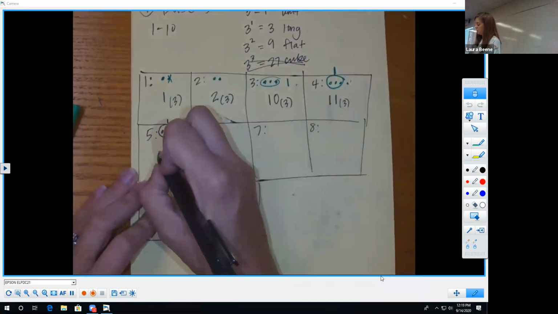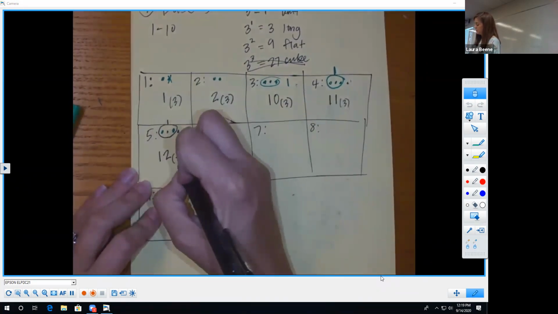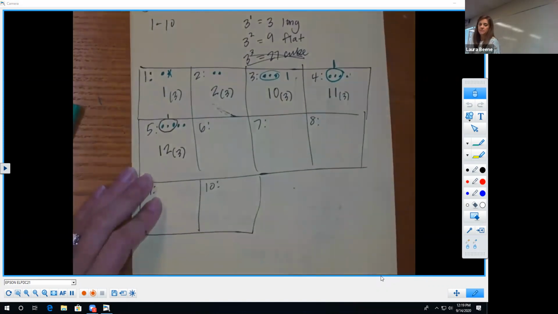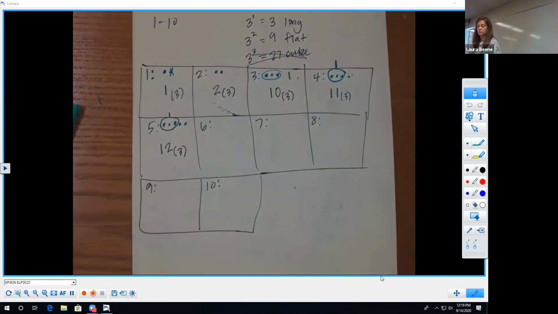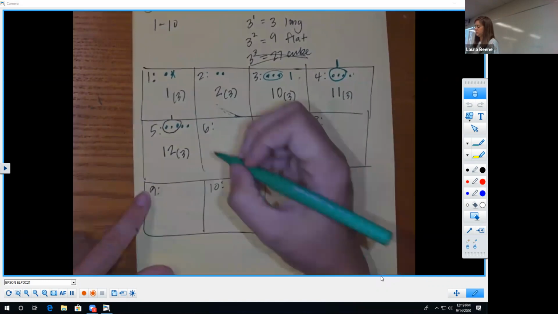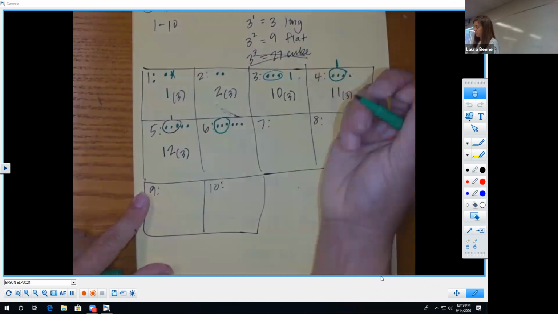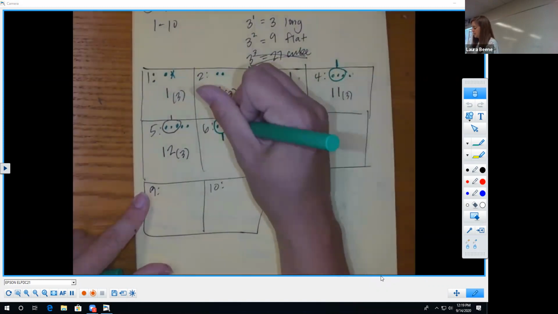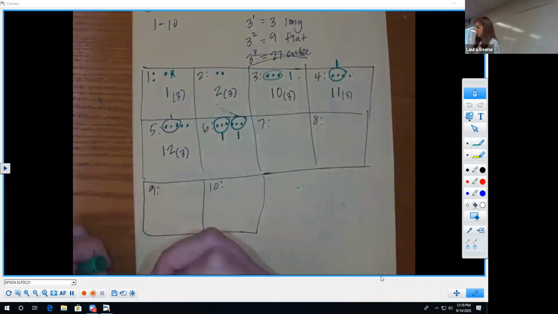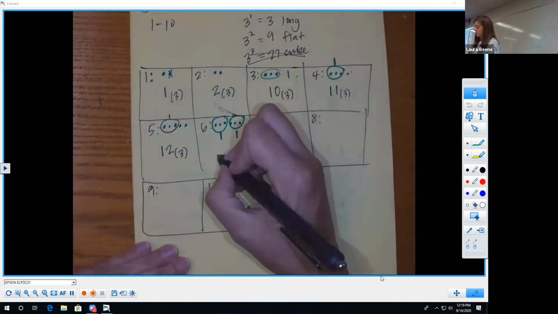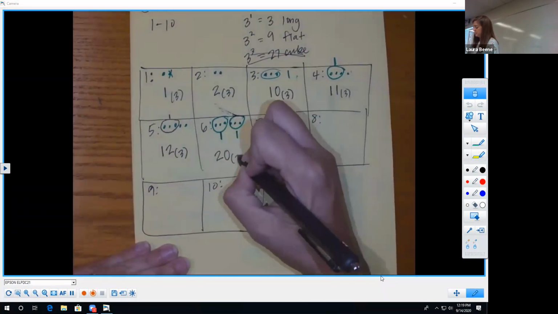So this would be 1 long and 2 units. For 6, I'm going to put 3 units together to make a long, and another 3 units together to make a long. So that would be 2 longs and 0 units.